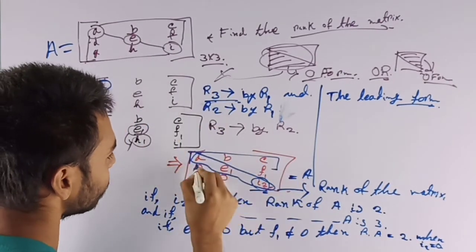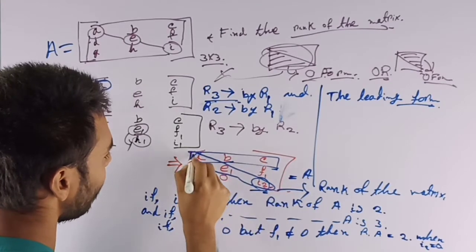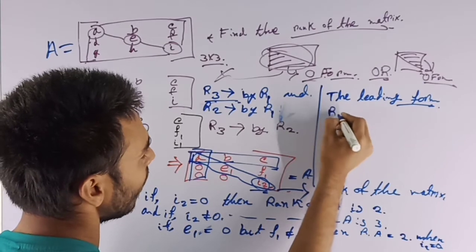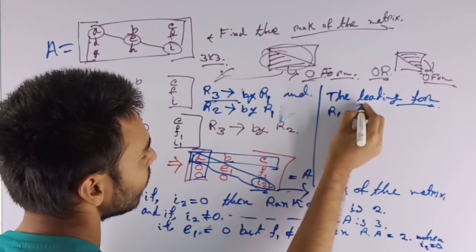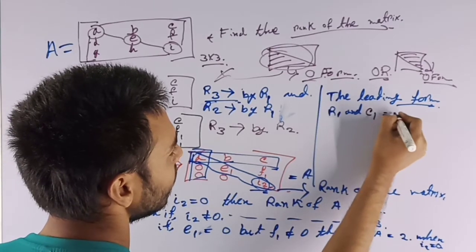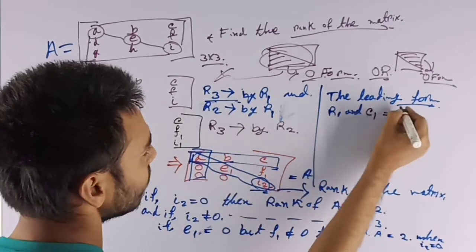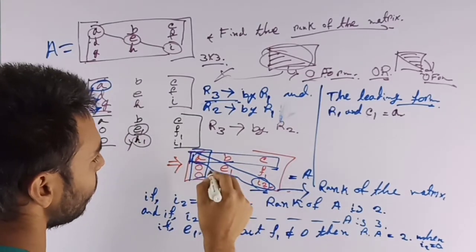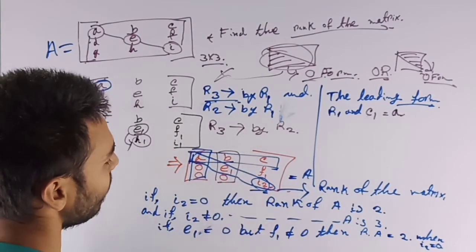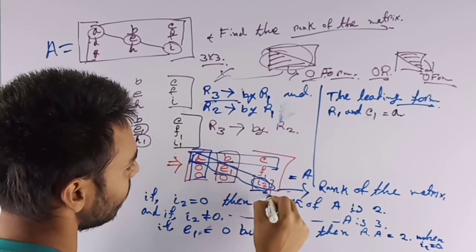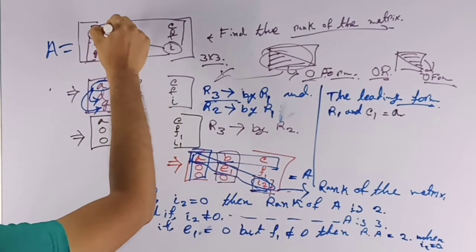A is the leading element, in the first row and first column, and I write R1 and C1 equal to a, which is the leading element, and also e1, and the last column is i2.